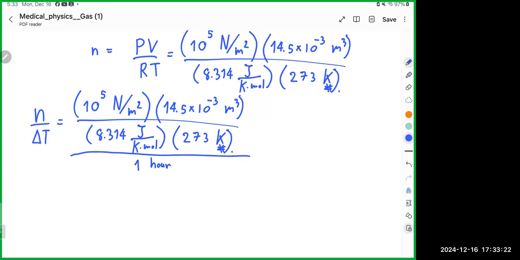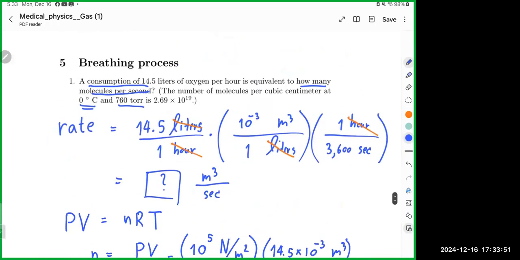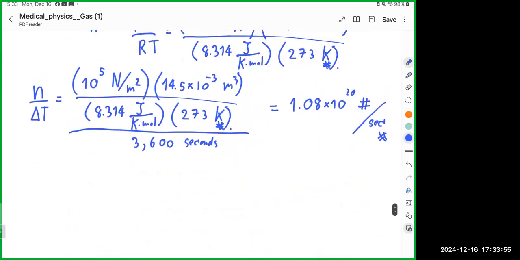And right now you can convert 1 hour into seconds, which is 3,600 seconds. And the rest is about the calculator, which is 1.08 times 10 to the 20 numbers per second. So they asked about the number of molecules, not moles. And here is the answer.